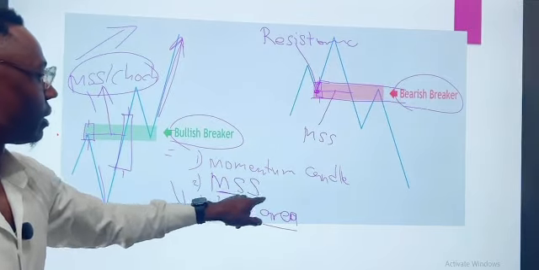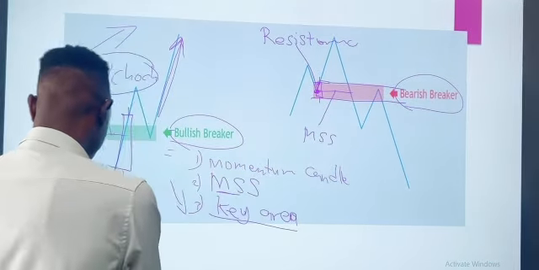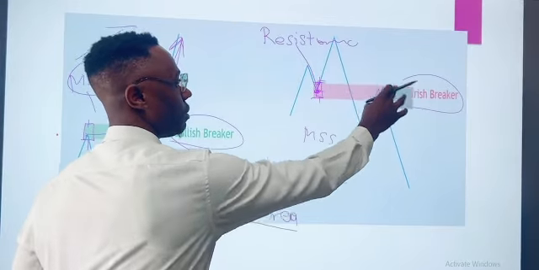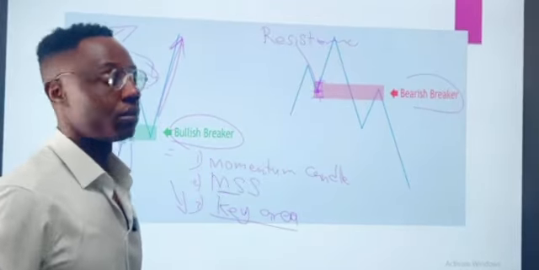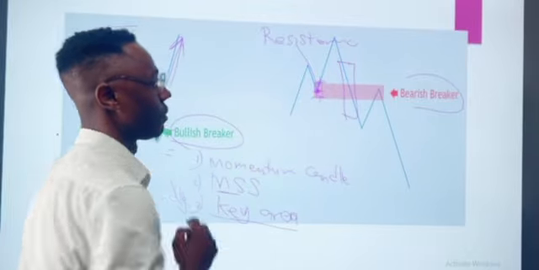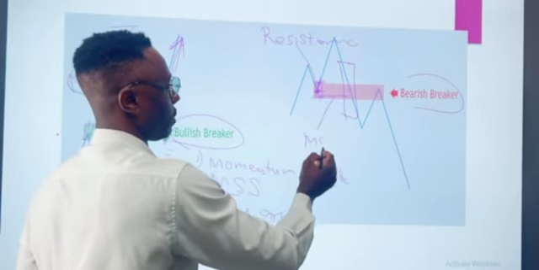All right, this side. And the candle that breaks the zone should be a momentum candle. Okay, it should be a momentum candle. Then we have our market structure shift here.